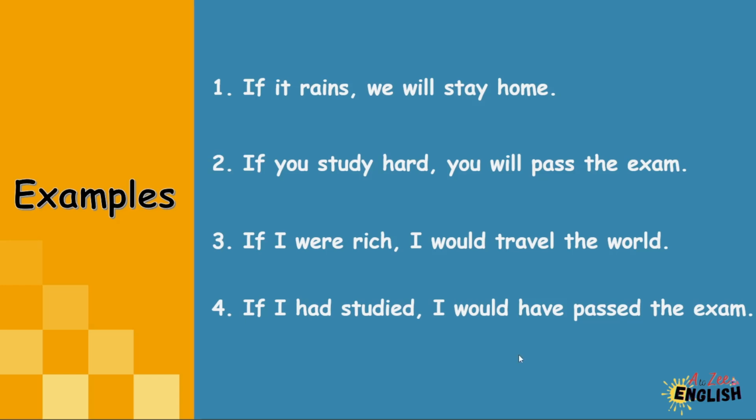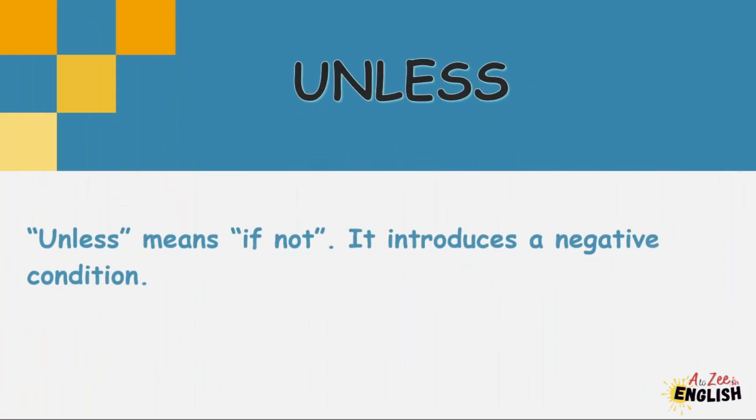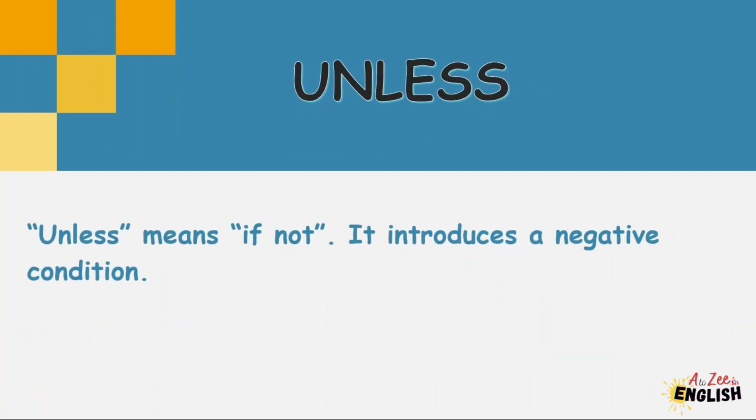Next conditional conjunction is unless. Unless means if not. It introduces a negative condition. Its structure is unless plus condition followed by a result. It is equivalent to if not plus condition.